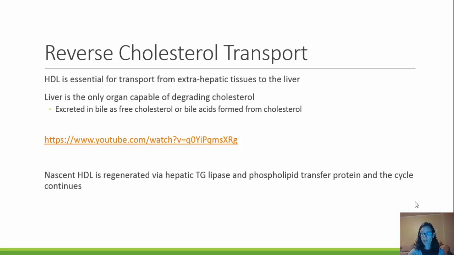So as I said, the cholesterol is excreted in the bile as free cholesterol, or it can be used to synthesize bile acids. So that's another way we can use it up. We can either use the cholesterol to make bile acids, which uses up the cholesterol, or once it goes into the bile and through circulation, it can be excreted in the feces. So we're using more up and getting rid of more.